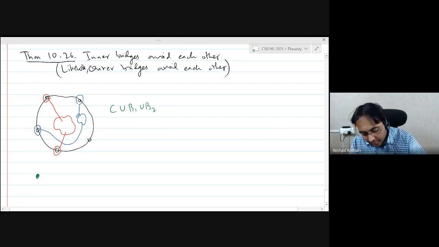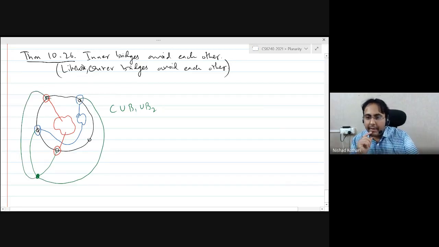Now I can put a vertex in the exterior and join it to all of these four vertices. And notice that now you have a planar embedding of a subdivision of K5, because inside all of these bridges, you can find paths joining these vertices. So any two vertices can be connected by disjoint paths. These paths are internally disjoint, and that is nothing but a subdivision of K5, right?